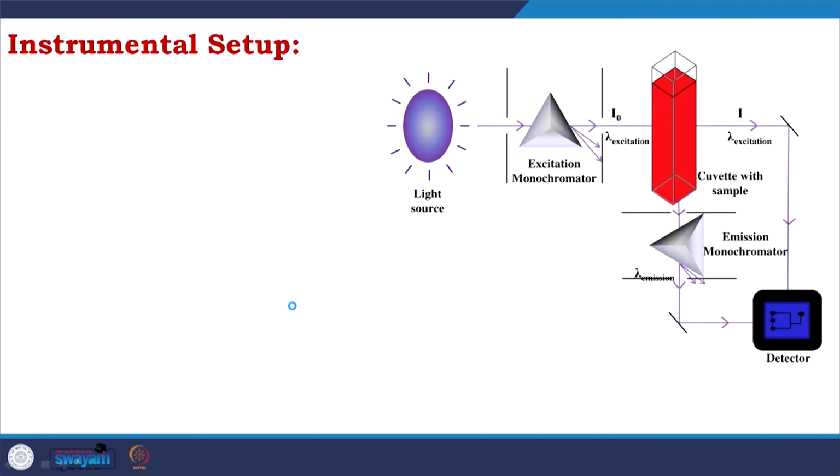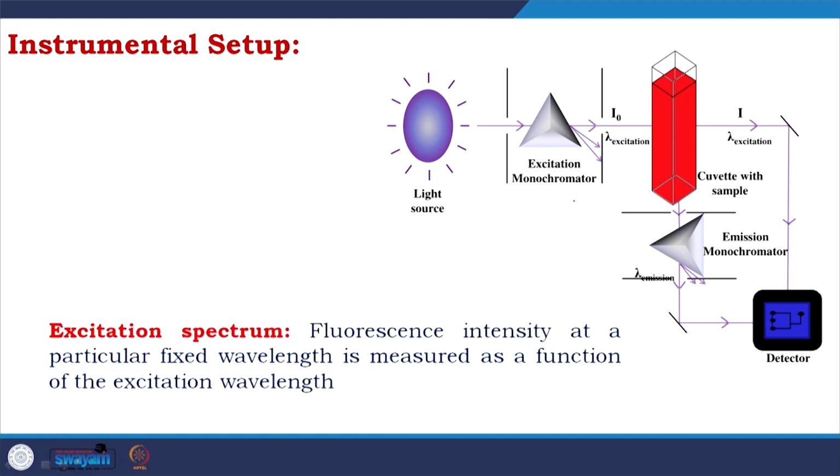You have the light source, then you have the excitation monochromator, and the initial light ray energy will go and hit the sample in the cuvette, then you get the intensity of the fluorophore emission, which will come through the emission monochromator and be detected by a particular fluorescence detector.